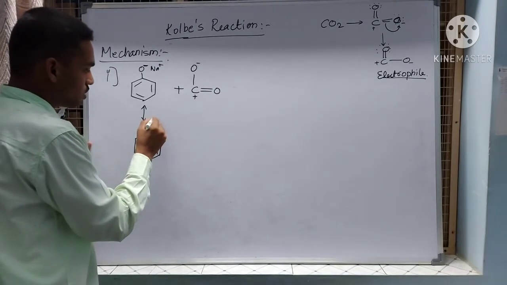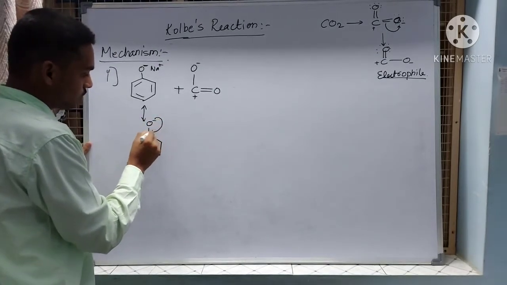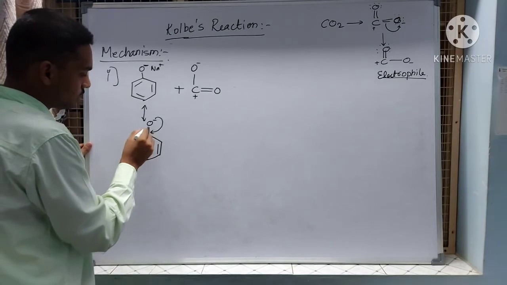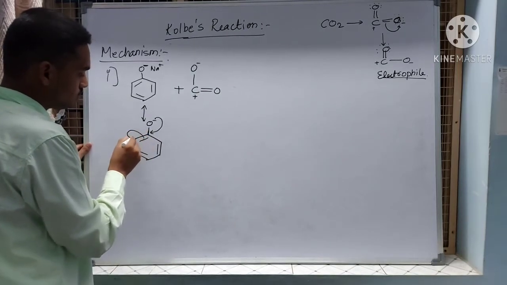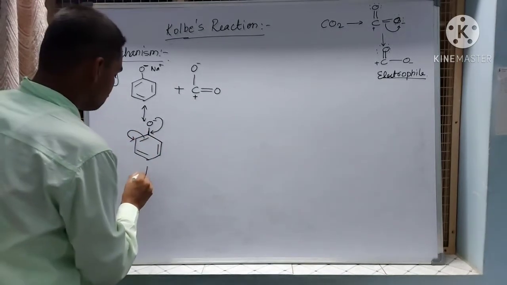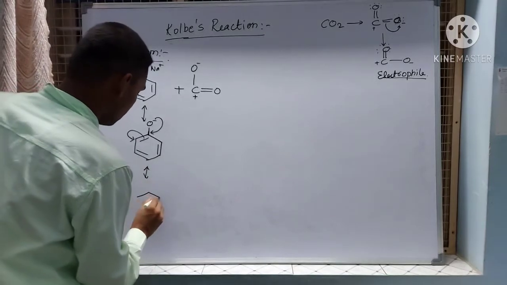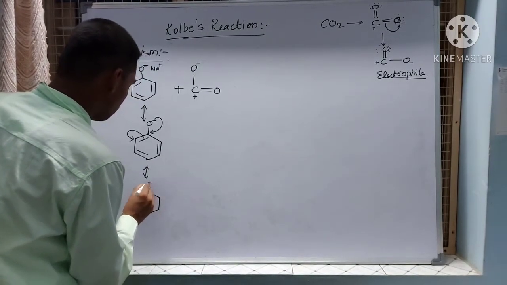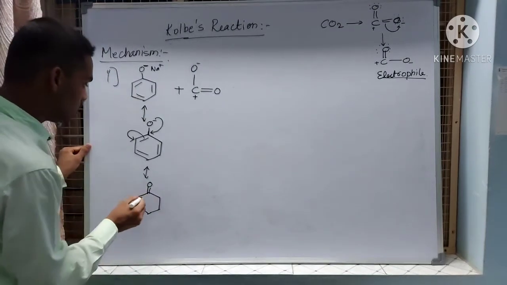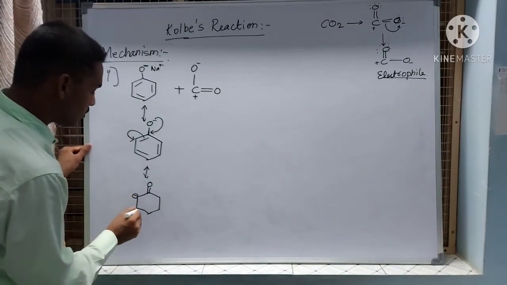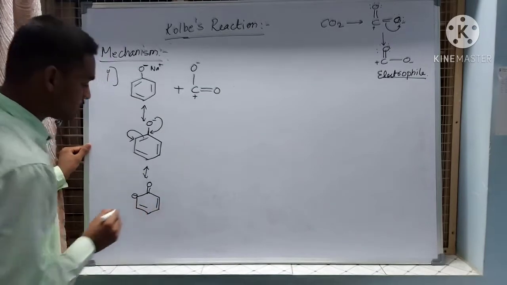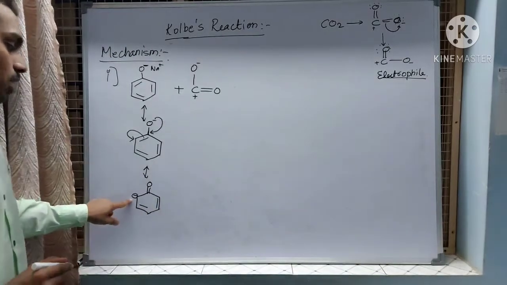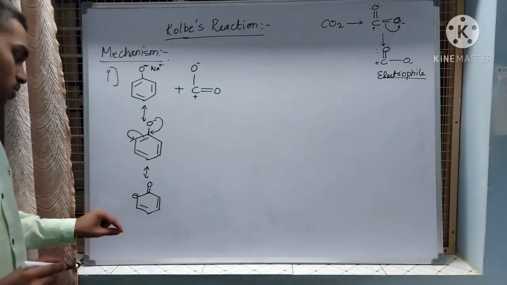So this oxygen will give out its electron here, and this bond will shift on this carbon, right? And what is the result we are going to observe? We are going to see a double bond on this carbon, and this is the structure with an electron rich center at ortho position.